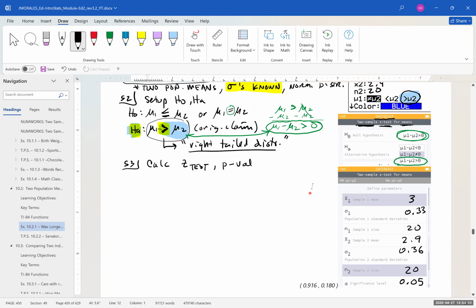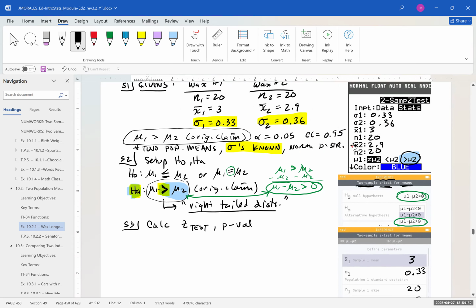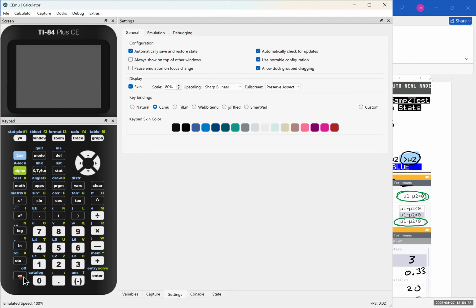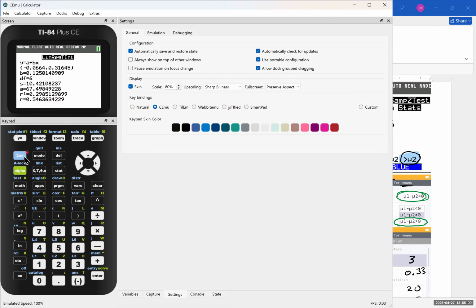All right, so let's go ahead and put this information into both calculators. So we'll go to the Texas Instruments. Let me quit out of this. There we go. What I want to do is go to my statistics tests.